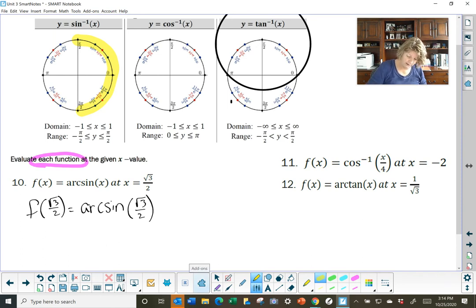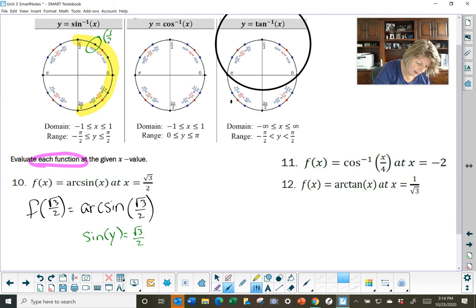So whose value is that? Because in my head, I'm thinking sine of some y value turns out to be root 3 over 2. Root 3 over 2 happens right up there, right? The ordered pair is 1/2, root 3 over 2. And so I'm looking up for the answer to give me the input, and the input value then was 1/2. So f of root 3 over 2 ends up being 1/2. That's the answer to arc sine of root 3 over 2.